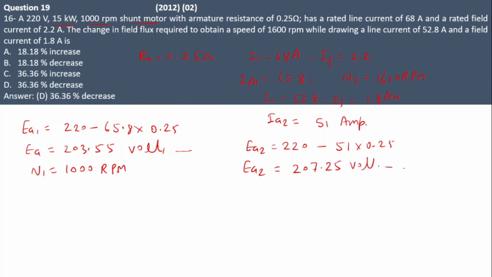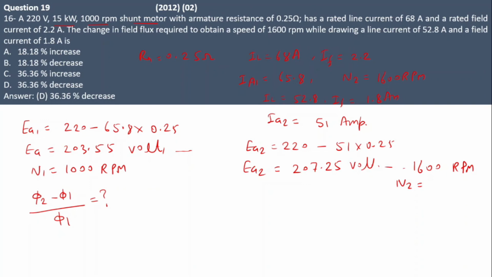This is at 1600 rpm, so N2 equal to 1600 rpm. Now what you have to calculate? You have to calculate the change in the field flux. So you have to calculate phi2 minus phi1 divided by phi1, equal to how much percentage.